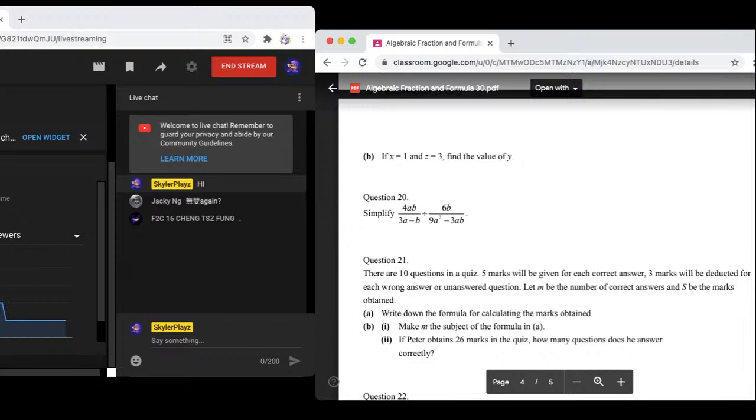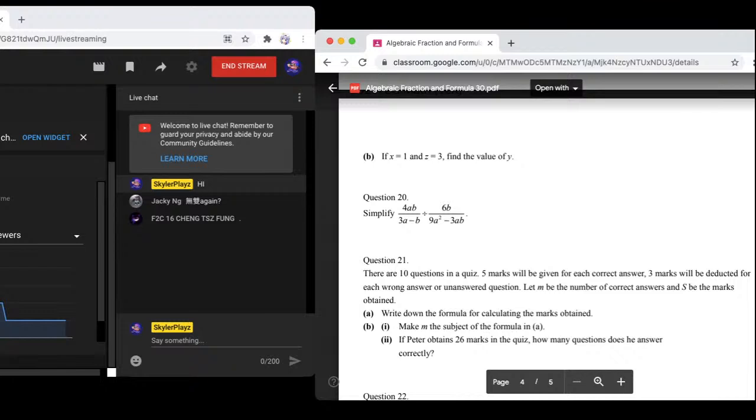Change to multiplication, and then top to the bottom, vice versa. Bottom no change. Top factor out 3a, so 3a minus b. 3a minus b cancel. b and b cancel. 4 and 3 is 12. So cancel and we get 2a squared.